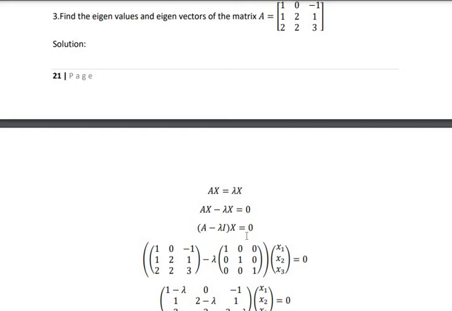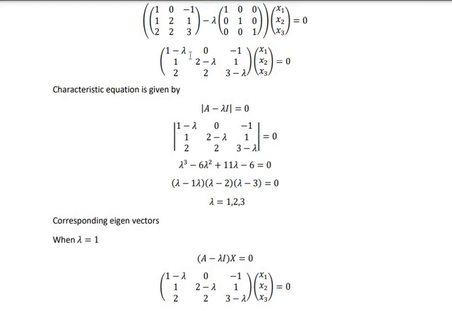You can substitute A and I, so you will get 1 minus lambda 0 minus 1, 1 2 minus lambda 1, 2 2 3 minus lambda, x1 x2 x3 is equal to 0. So characteristic equation A minus lambda I is equal to 0. This is A minus lambda I, so you take the determinant, so you will get lambda is equal to 1, 2, 3. We can find the corresponding eigenvectors when lambda is equal to 1.